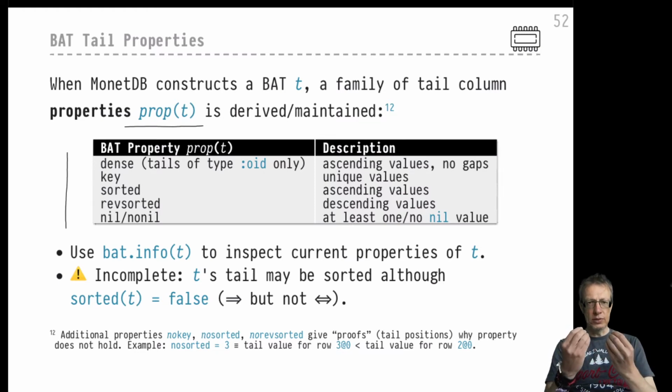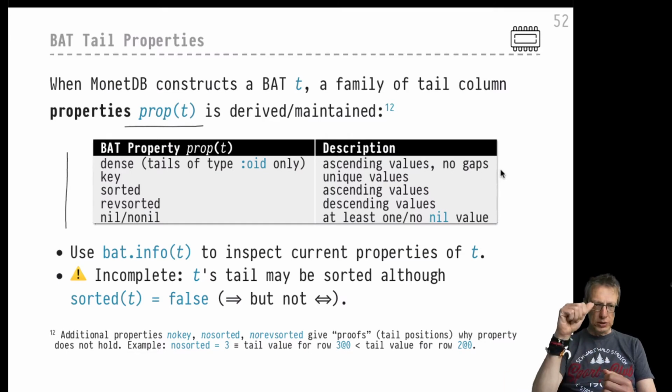So there are these special offset values that MonetDB can store for us. And we also know that these values are ascending with no gaps. So they are strictly ascending with no gaps. So the values in the tail column could be OID 0, OID 1, OID 2, OID 3. So it's very predictable, the contents of this particular column.